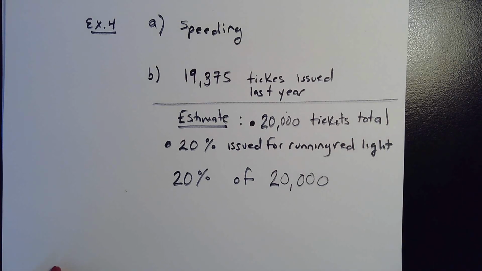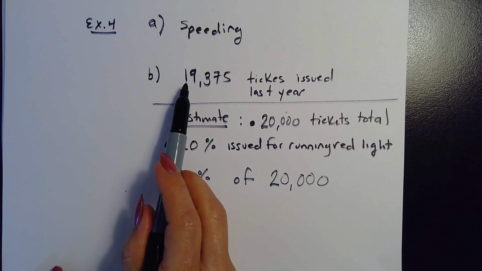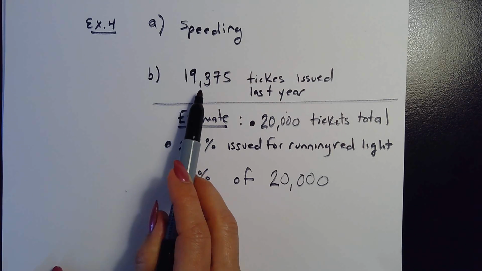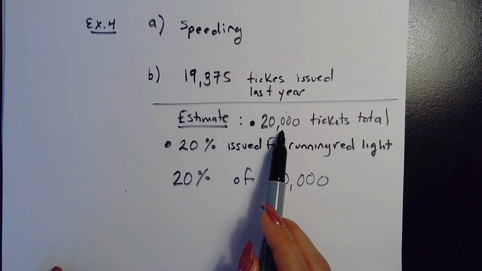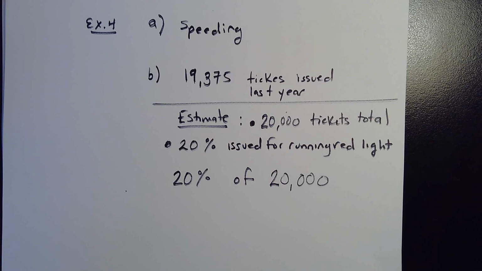Okay, so I'm making two estimates here. Notice that I'm changing the total number of tickets from 19,375 to 20,000 as an estimate. And I'm also changing the 21% that was issued for running a red light to 20%.